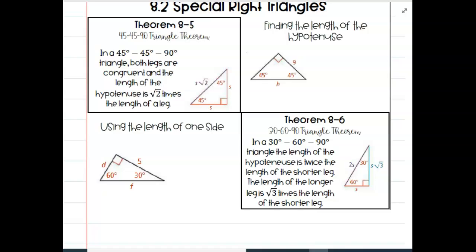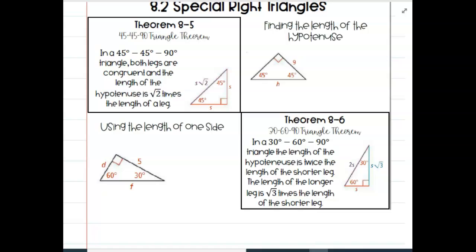The hypotenuse in a 45, 45, 90 triangle is always going to have the same relationship with both of the legs. Regardless if the legs are 2, or 20, or 100, the hypotenuse is always going to be the length of the leg times the square root of 2.